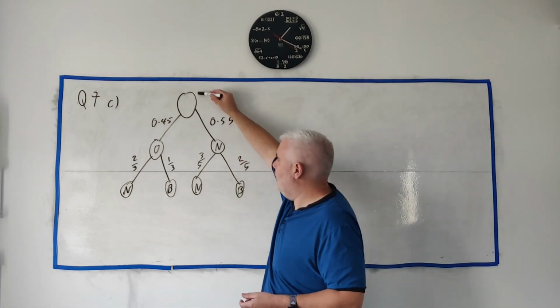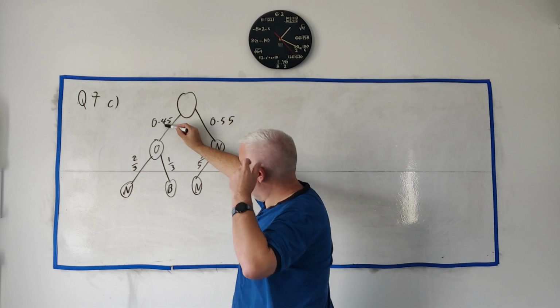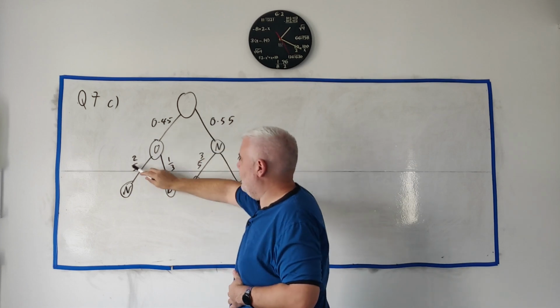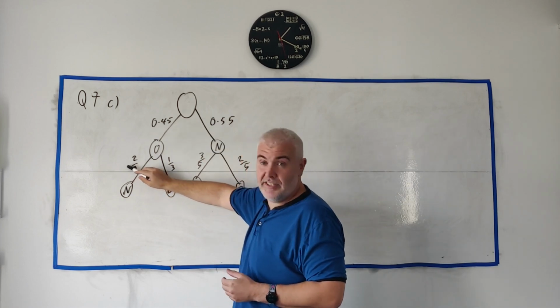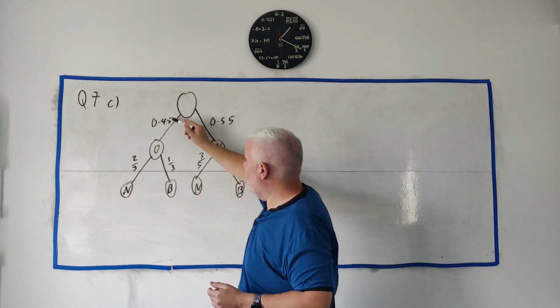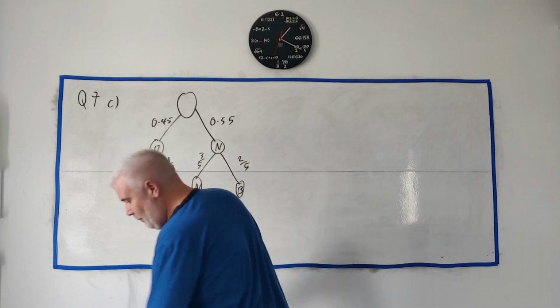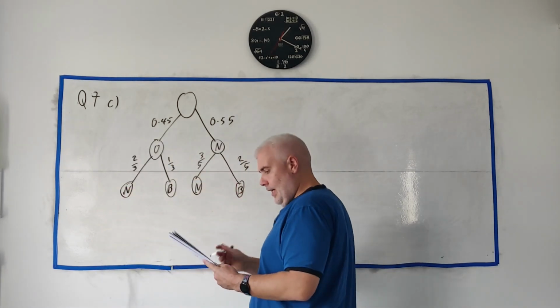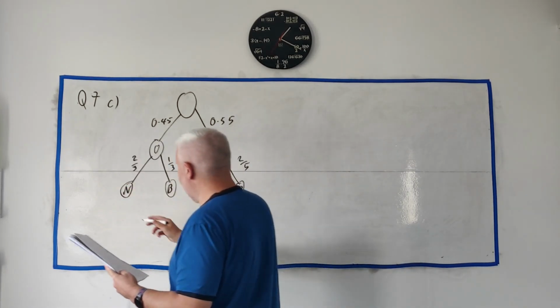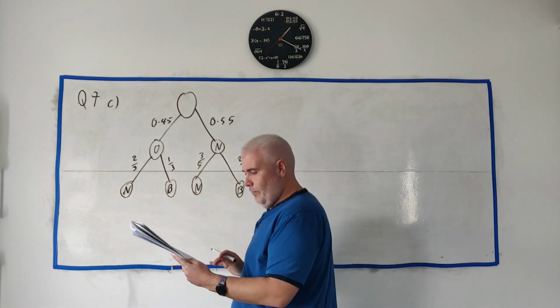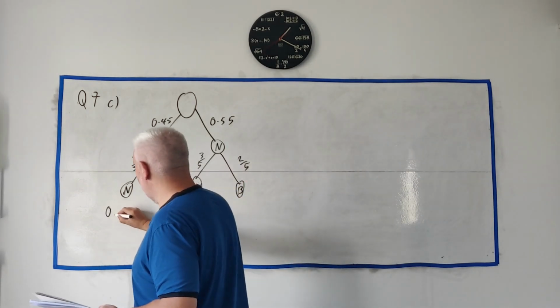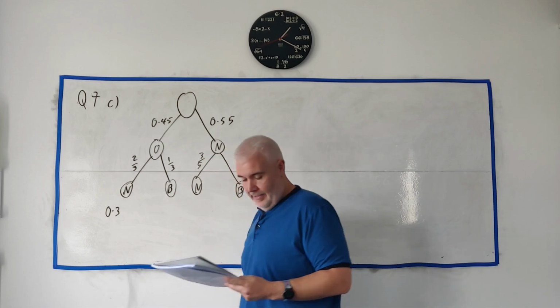So you start here, you go a probability of 0.45. You could change this into 0.6666. Either way, put this in a calculator, multiply that by that, and it will get you the probability of being at the end here, which is, I wrote mine in a different order unfortunately, 0.3.